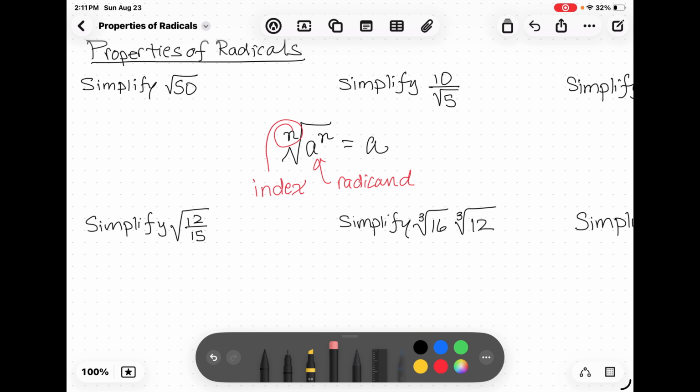So these are the properties of radicals that we're using here and the definition that we're operating off of.